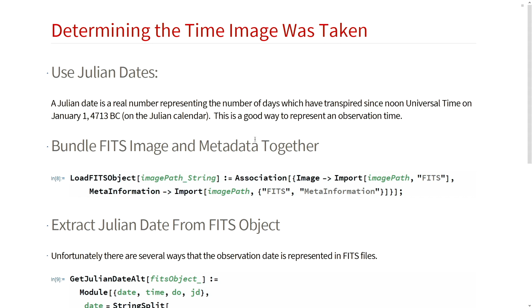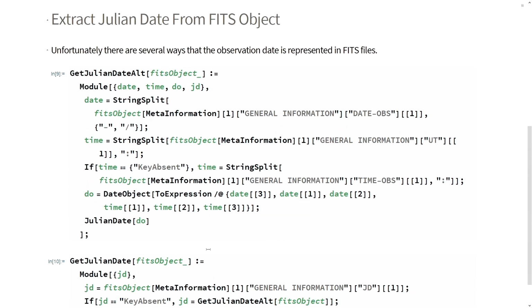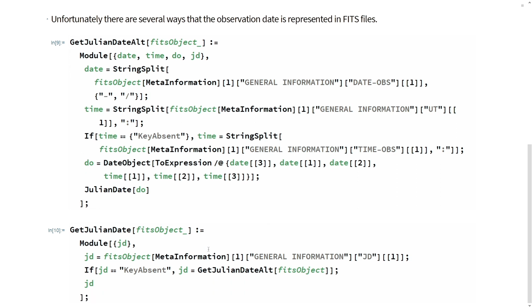Now, one bit of complexity here is that there's no good standard inside of FITS files for representing Julian dates. The simplest thing is if the meta information contains a JD tag, which stands for Julian date.